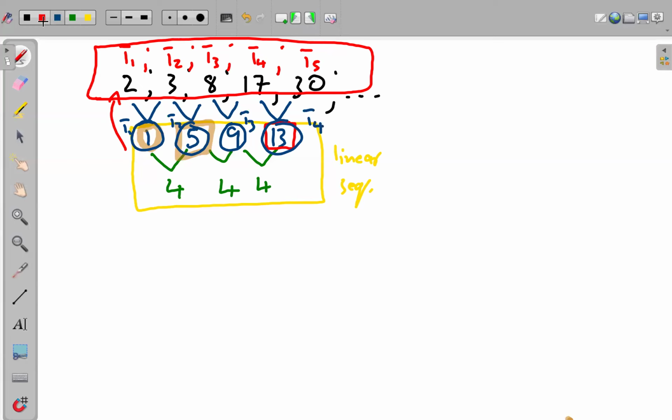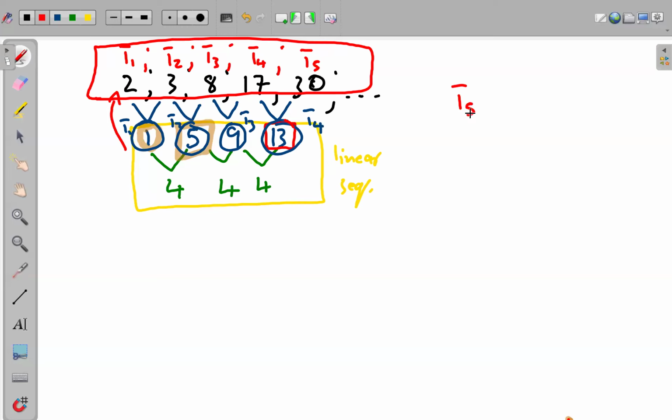I'm doing this so that you can notice this key relationship. The difference between term 4 and 5 of the quadratic is actually term 4 of the arithmetic. I hope you are able to actually catch what I just said there. I know there's quite a lot of words that I'm using here, and that might be quite confusing. So let's establish this.